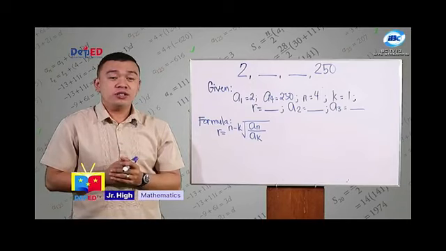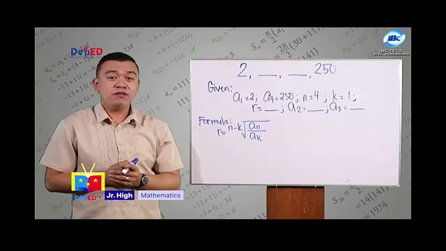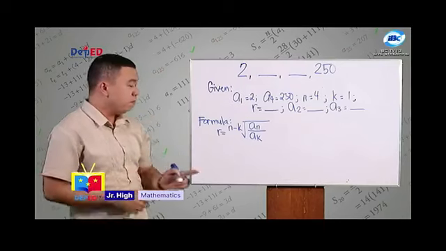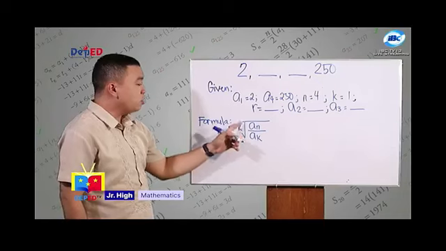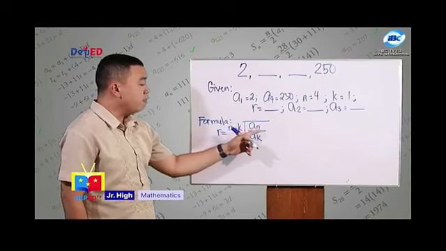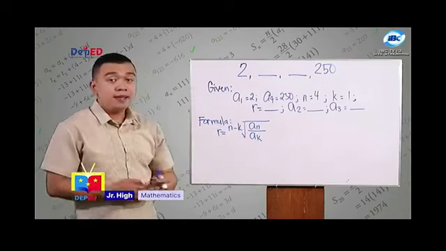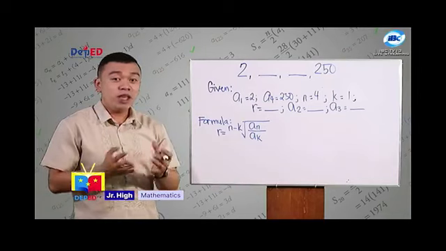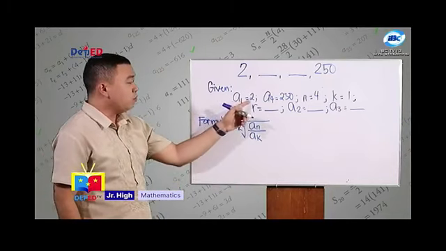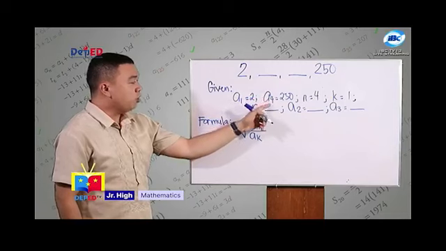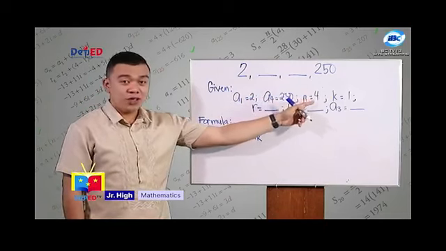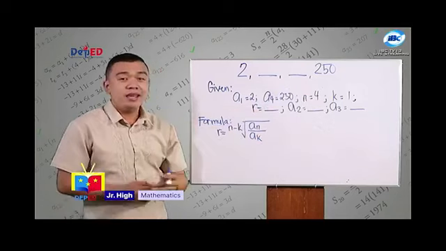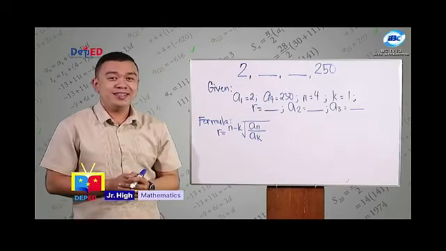So, to insert terms, let us identify first the common ratio by using the formula r is equal to the (n minus k)th root of a sub n all over a sub k. With the given a sub 1, which is equal to 2, a sub 4, which is equal to 250, our n, which is equal to 4, and k, which is equal to 1.